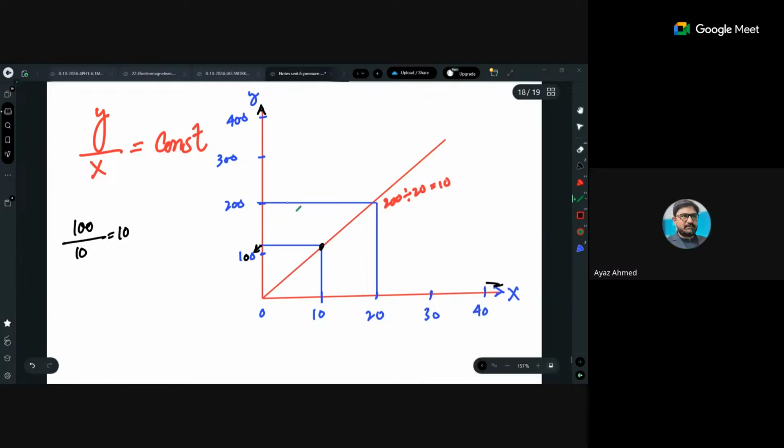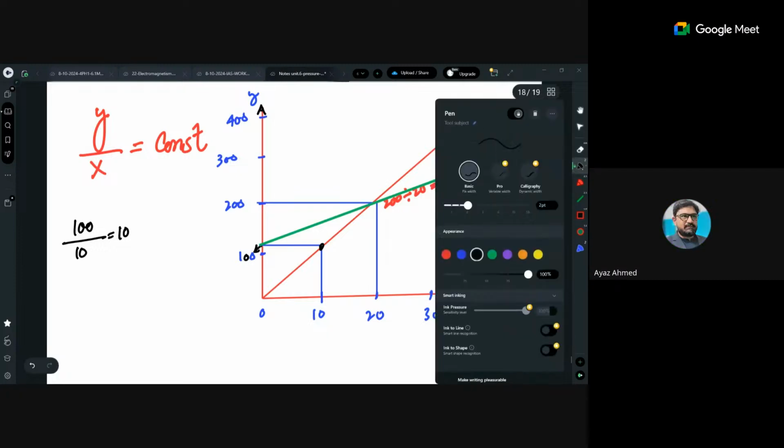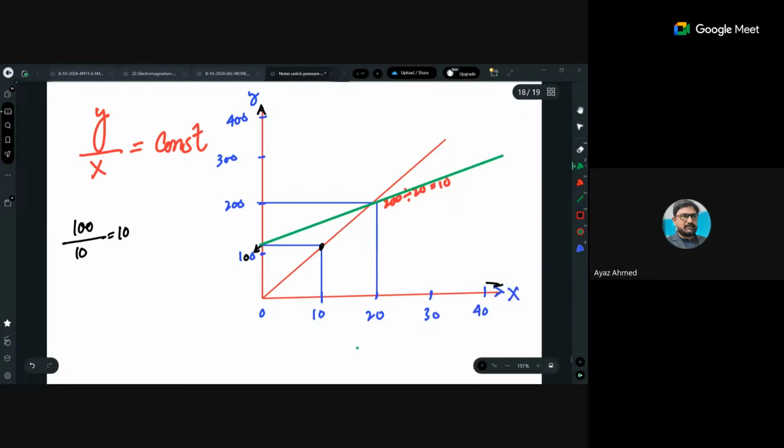अब आते हैं इसमें. There is a graph, and that graph goes this way. Okay, are you getting it? Green one. I will perform all calculations with green. For this graph, for this 10, what is the value?